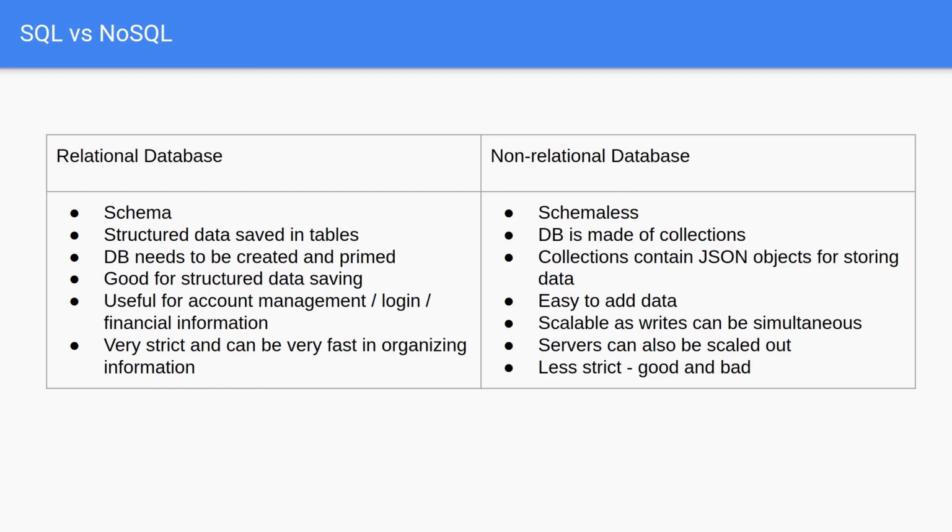So, instead of asking a database for a table, and then from the table I pick out the row or the item that I'm looking for, in MongoDB or NoSQL, you kind of say, well, I want to pick from this collection. Is there anything in this collection that has maybe this name associated with it, or this age, or something like that?